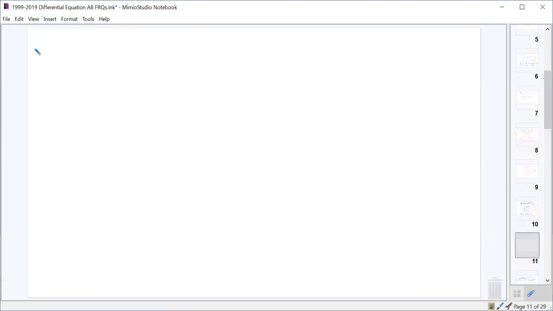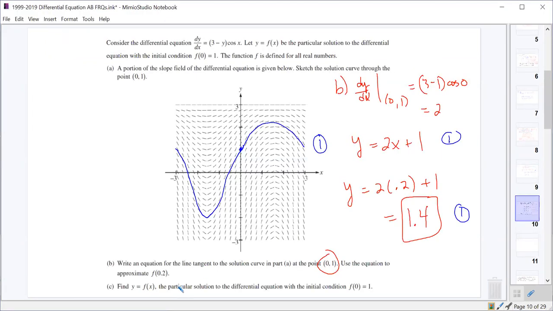All right, part C. Part C is now asking us if we can solve this differential equation, right? So find a particular solution with the initial condition that f of 0 equals 1. Only 3 points from A and B, so 6 points from part C for this one.